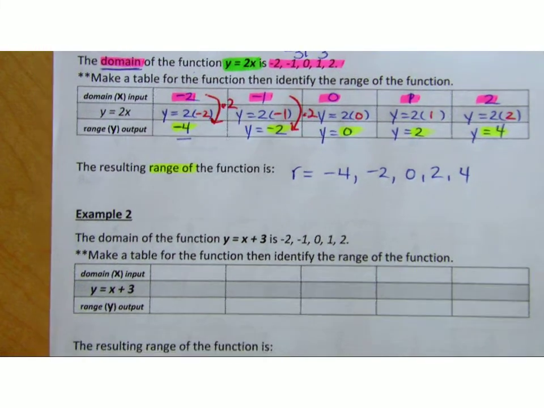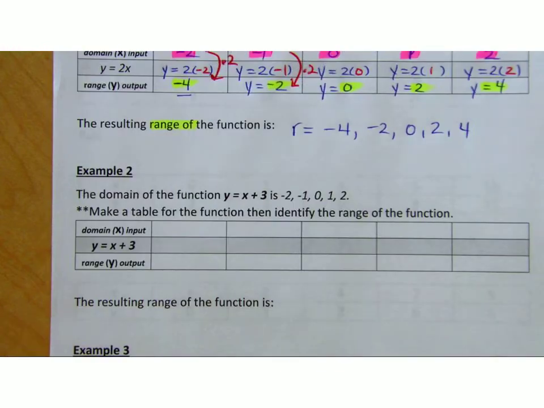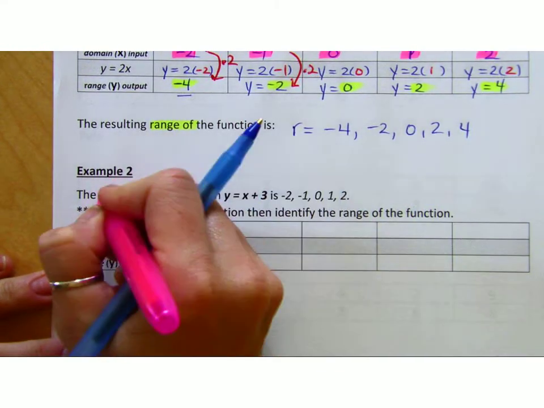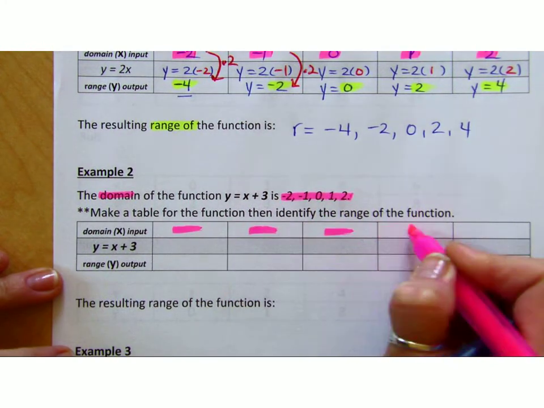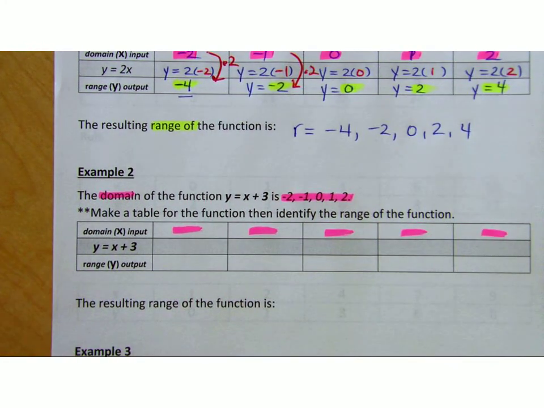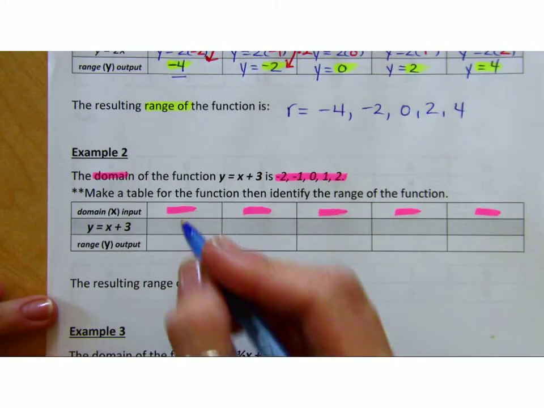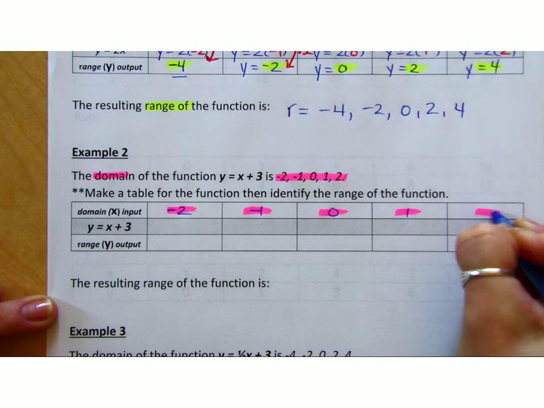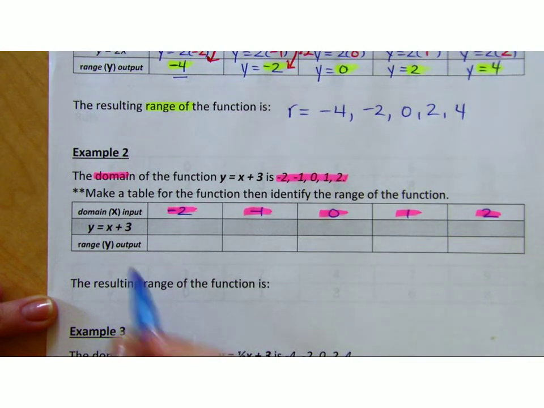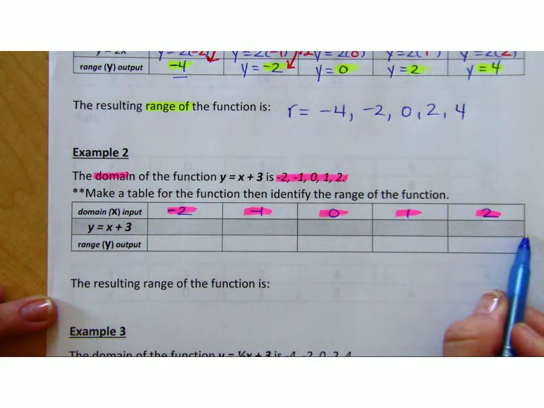The domain of this function, we're keeping it the same, and that goes here. So you have to know right off the bat that your domain is your x values. So we're sticking with -2, -1, 0, 1, 2. Here's a spot for me to show my work. Whatever yours says, erase it and make it match mine.